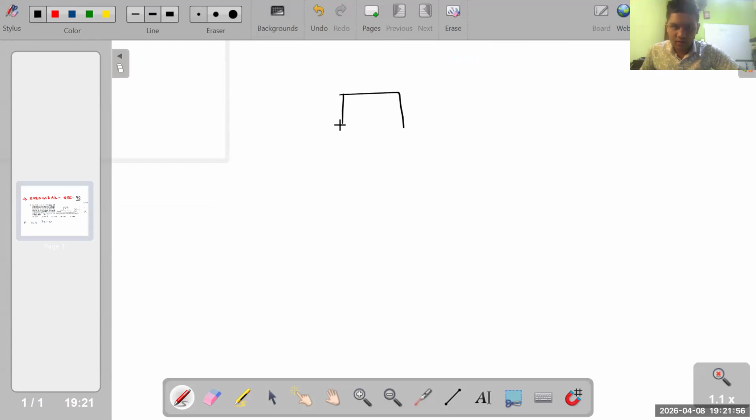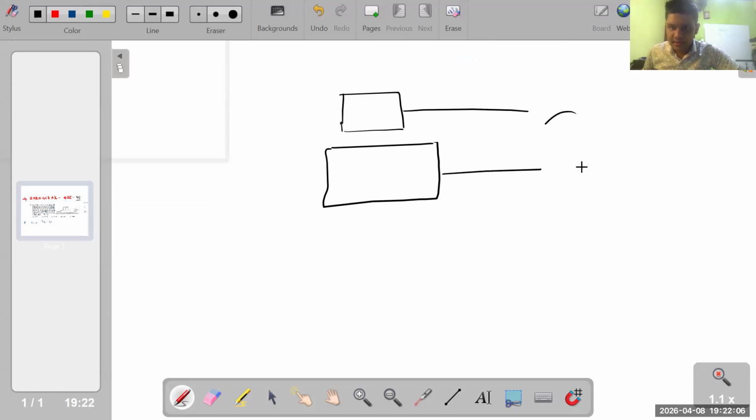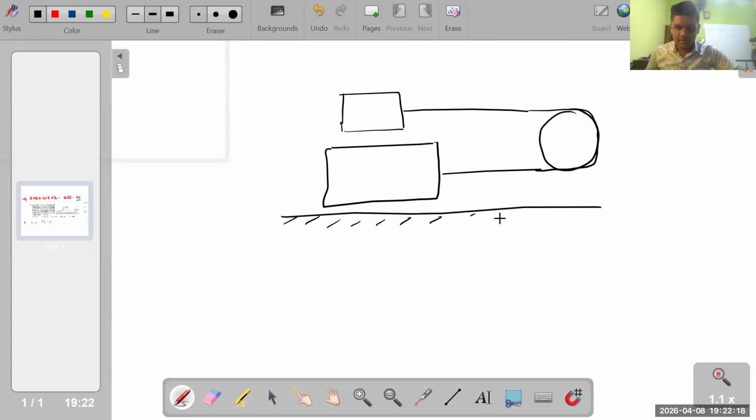There is a small weight, and there is a large weight on the bottom, and there is an inextensible string, and the smooth pulley they have mentioned. So it is going like this and coming like this. There is a surface on the ground, and I'll mark it like this.